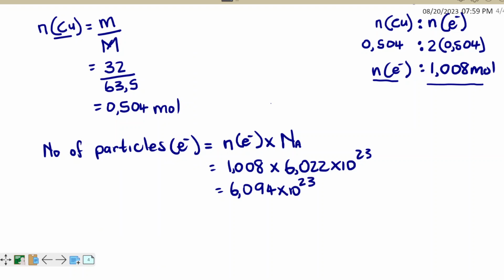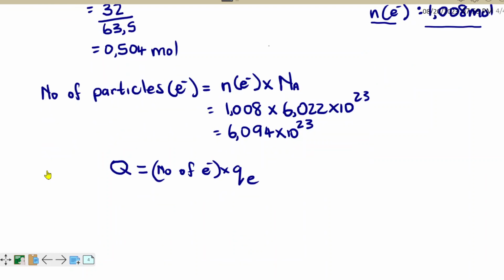Now after this one, we want to find the amount of charge. The amount of charge, we said, is the number of particles, or number of electrons. It's the same thing. Multiply now by the amount of charge of electrons. I hope this makes sense.